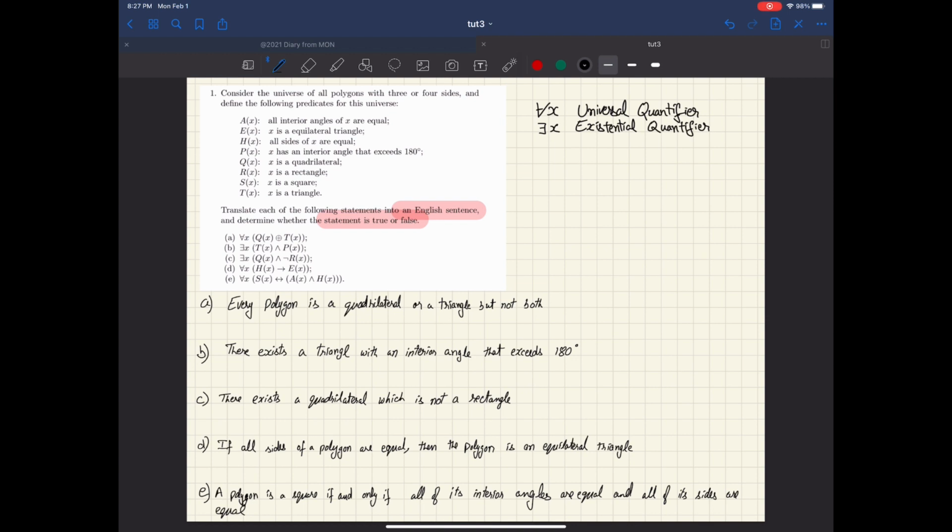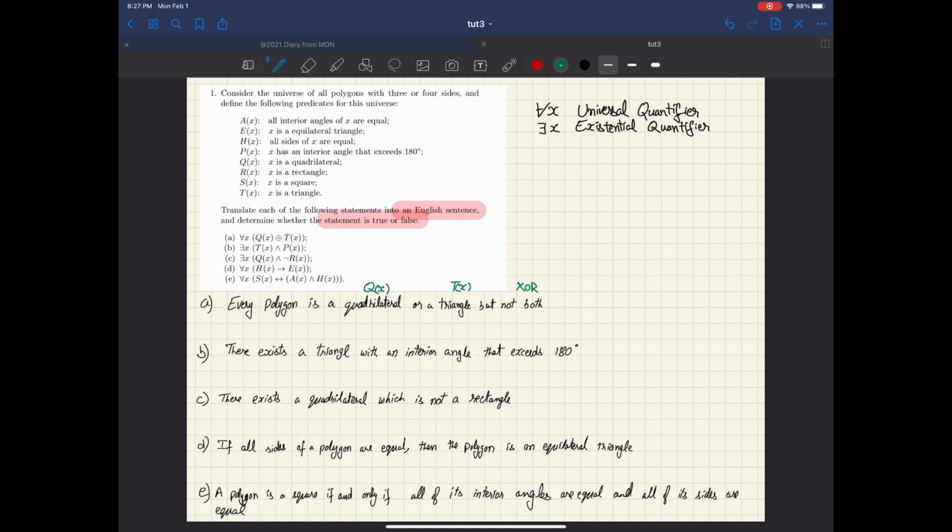Being a quadrilateral is the Q of x, and being a triangle is the T of x. And the condition which says it's not both comes from the XOR. We'll get to the part of deciding these statements to be true or false later on. First, let's write all of them in English.